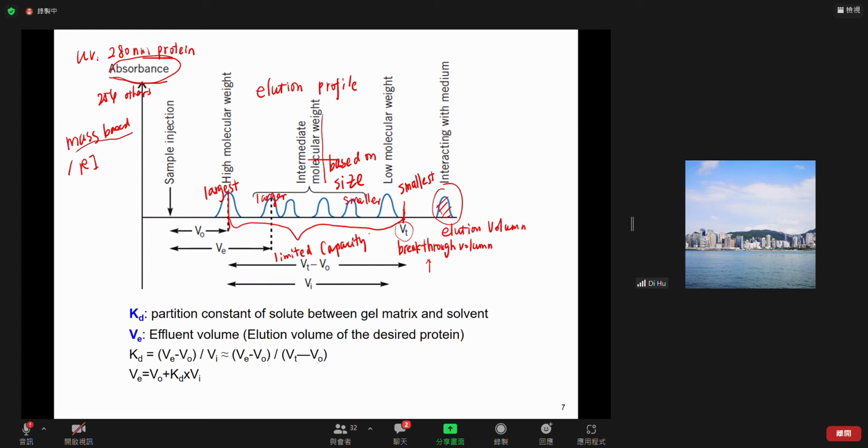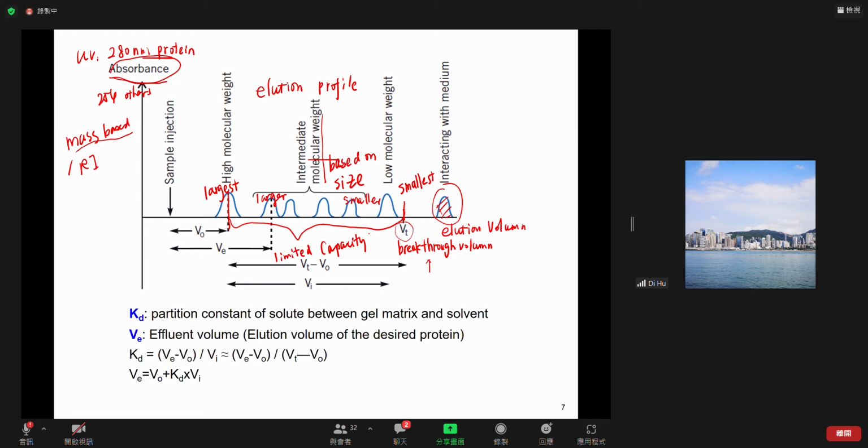The property of the mobile phase does not really influence the elution volume, because the mobile phase here is just a solvent, just what you need to dissolve the sample. Whether you use a single mobile phase or a gradient, it does not really change the elution volume, because it just carries the compounds out.